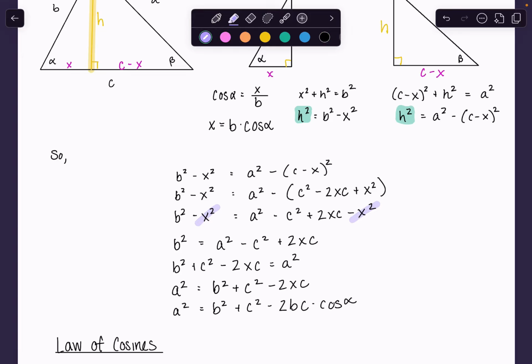Okay. So this gives me a relationship between all three sides and one angle. So if I know two sides and an angle, then I can figure out the third side from here. Or if I know all three sides, a, b, and c, my only thing unknown is the angle. So then I can solve for that.